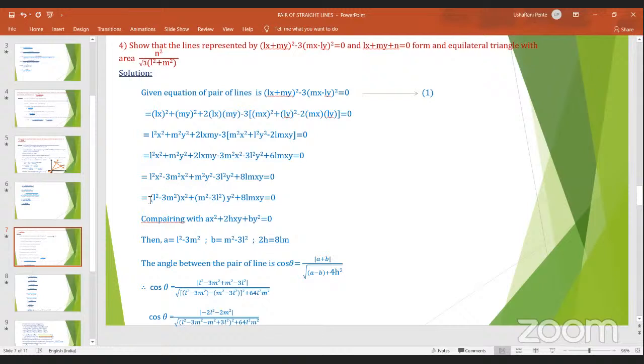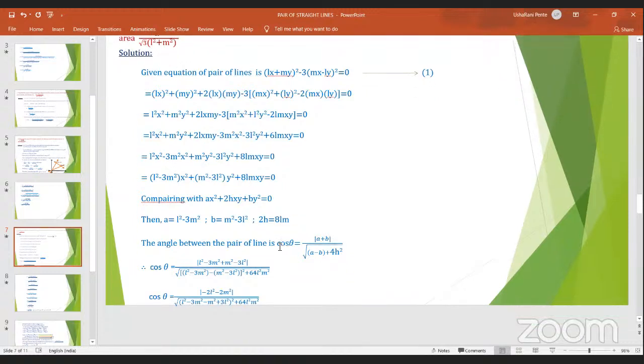Now we are comparing this equation with the standard form, that is ax square plus 2hxy plus by square is equal to 0, where a is equal to how much? l square minus 3m square, and b is equal to m square minus 3l square, and 2h is equal to 8lm. We know the angle between the pair of lines is given by cos theta is equal to mod of (a plus b) by under root of (a minus b) whole square plus 4h square.